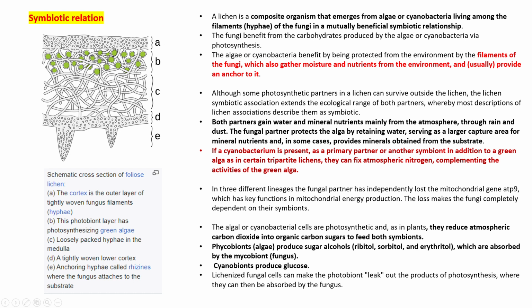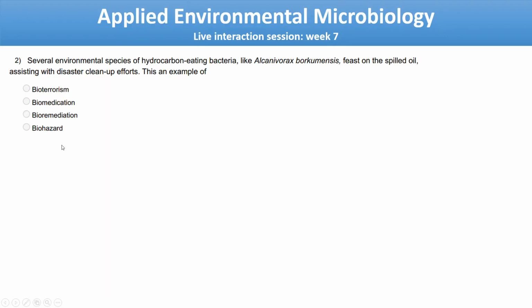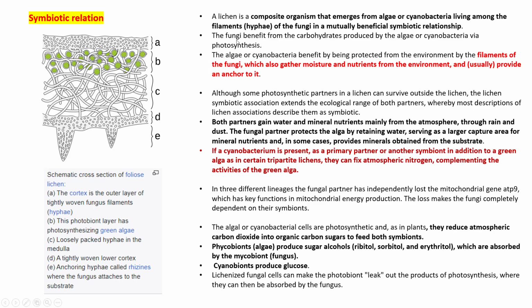This is followed by the photobiont layer, which can have the cyanobacteria or the algae. Next is the loosely packed hyphae, known as medulla. Then comes the tightly woven lower cortex, and finally there are anchoring hyphae, called rhizines, which attach this whole thing to the substrate.